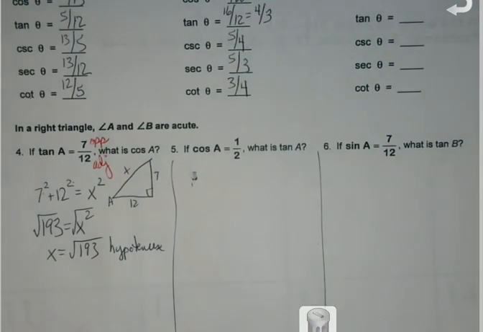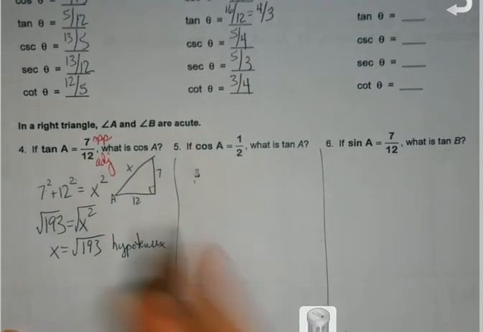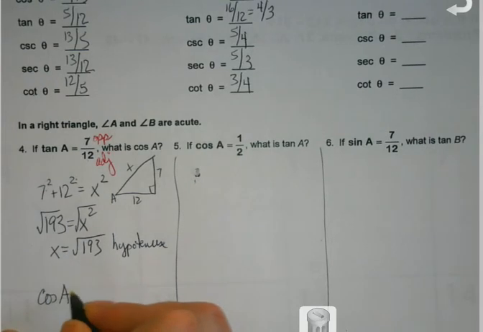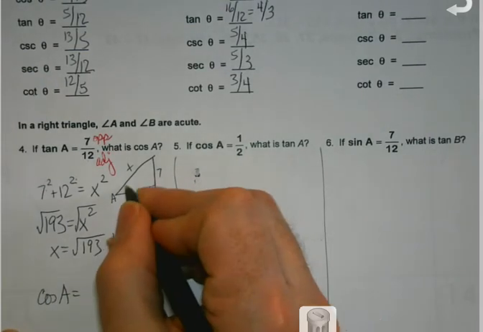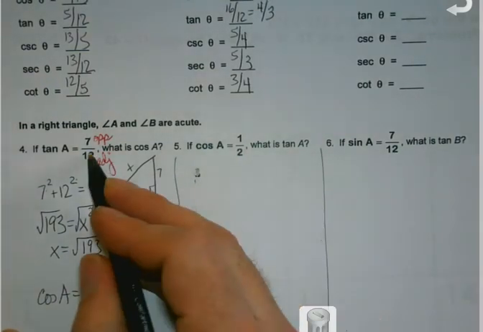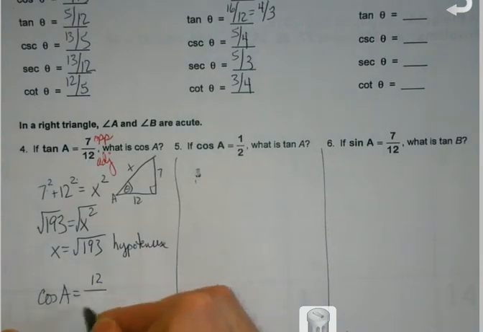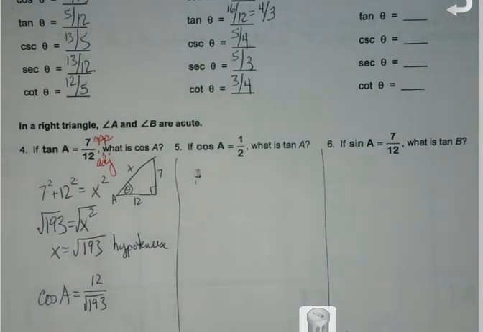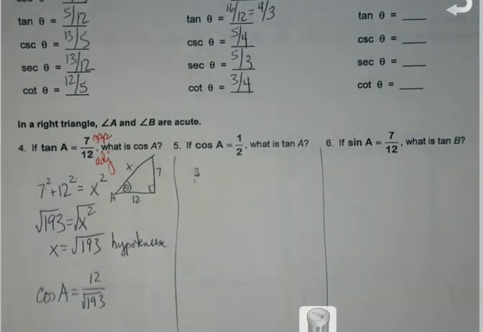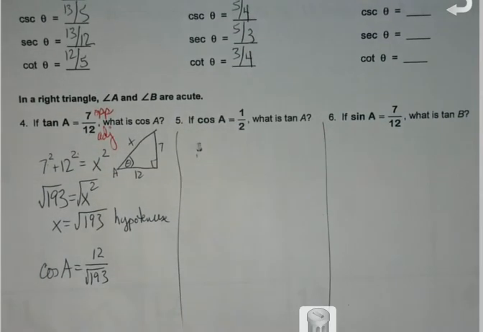I go, okay, cosine of A is adjacent, 12 over hypotenuse. But I have one more issue. Just issue after issue with these. I can't have that radical in the denominator.